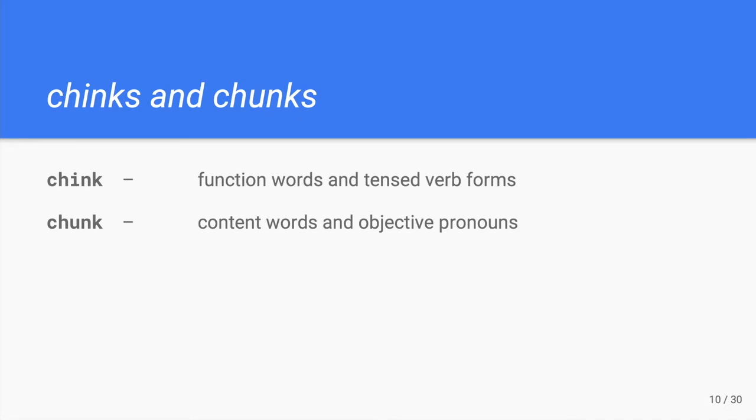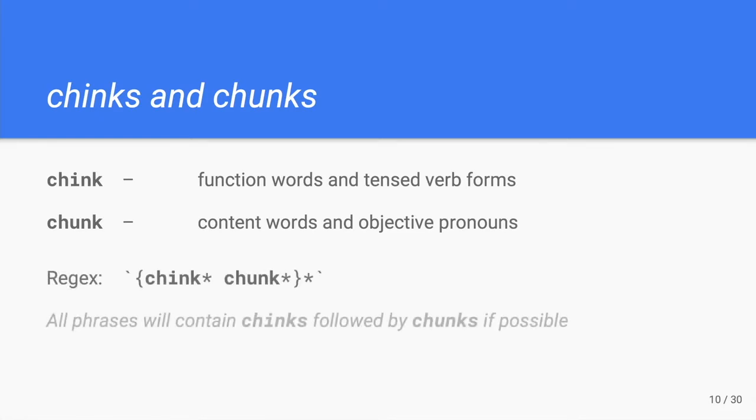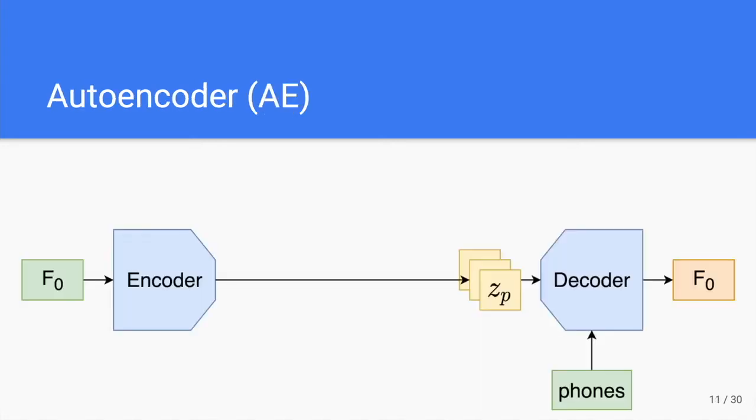Chinks are made up of function words and tensed verbs. Chunks are made up of content words and objective pronouns. These are used in a simple greedy regex, where as many chinks followed by as many chunks are matched. This is taking advantage of the right-branching nature of English, where content words, or objective pronouns, will cluster towards the right of phrases.